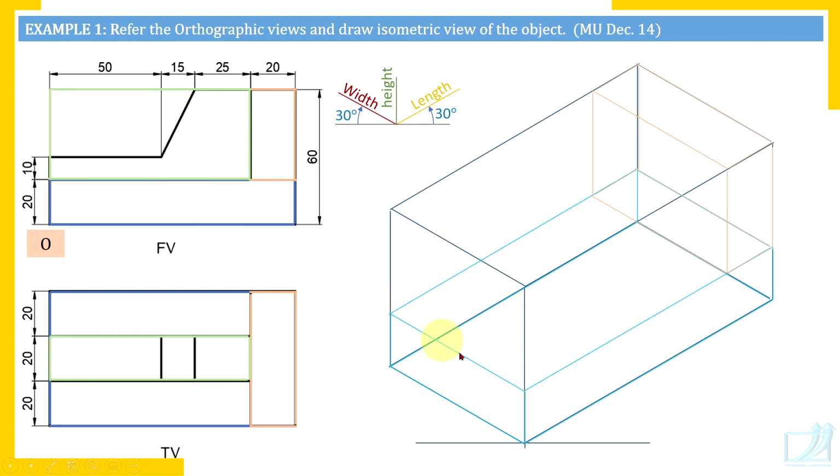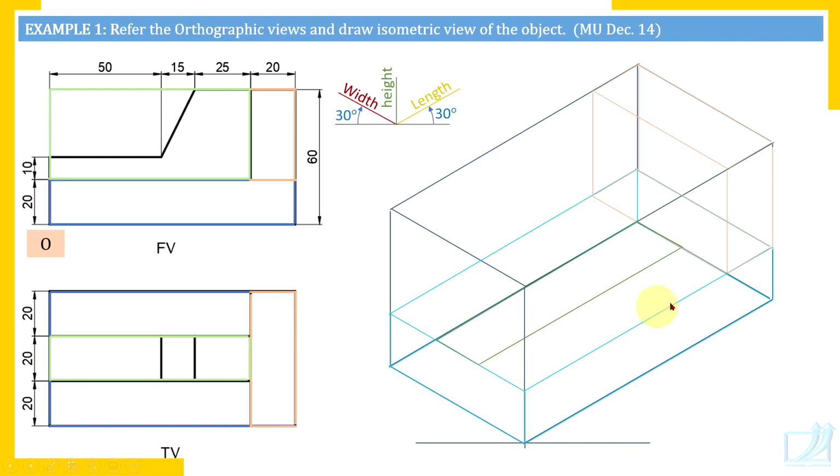So focus on the top surface of the base plate, and on the left side here you measure 20 millimeters and complete that rectangle. So check here. In the top view, vertical is width. So parallel to width, from the back side 20, from the front side 20, if you leave, you will get the middle portion 20 millimeters. So this is the base of this vertical plate.